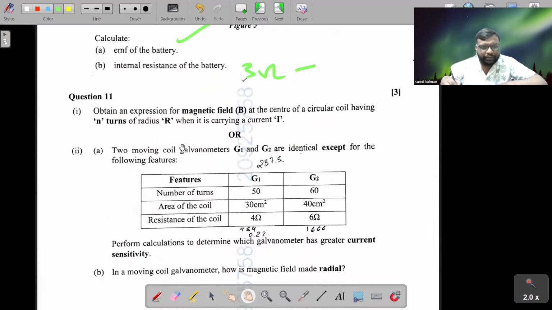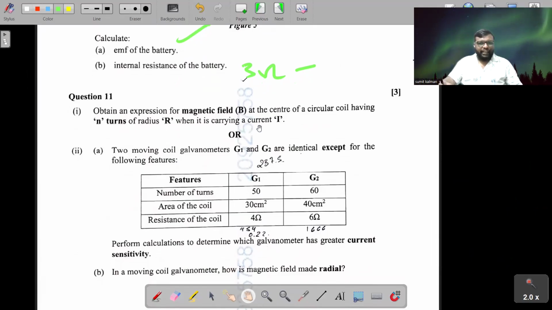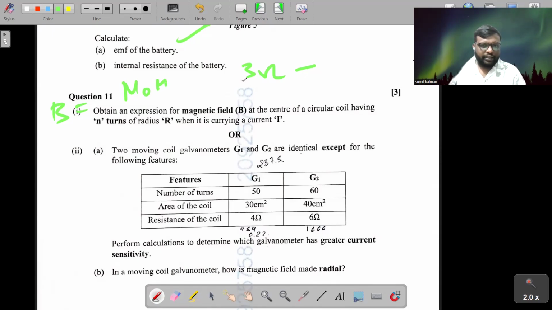Now in question 11 students, we have to obtain an expression for magnetic field at the center of a circular coil having n turns of radius r when it is carrying a current I. So this derivation is very simple and it is B is equal to mu naught n I upon 2r.